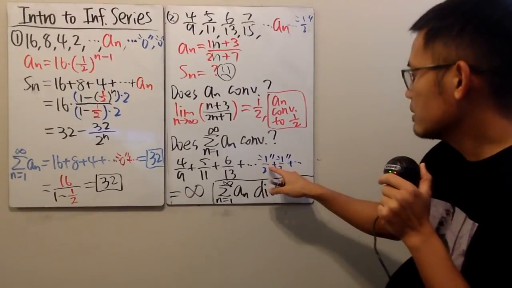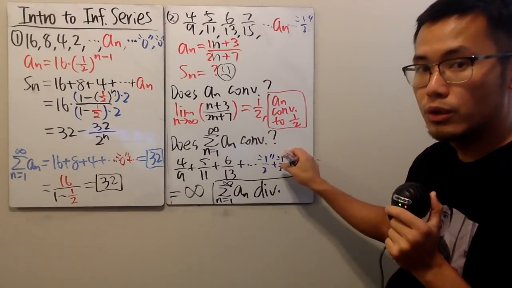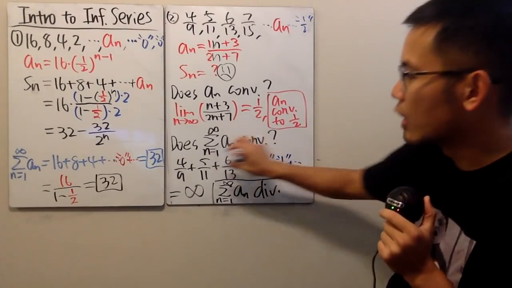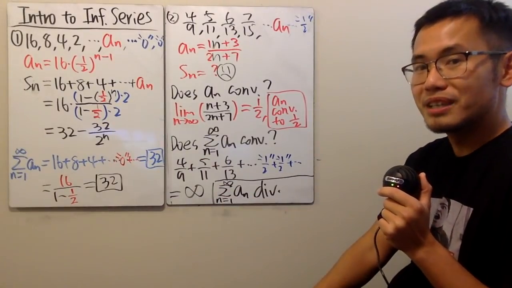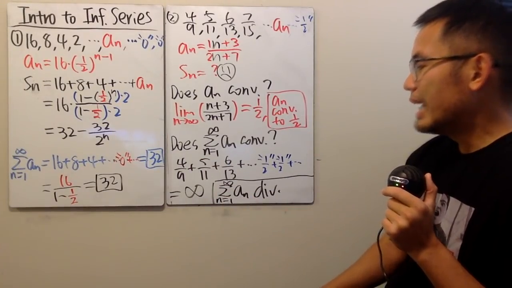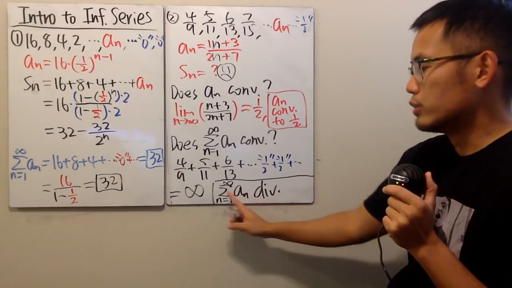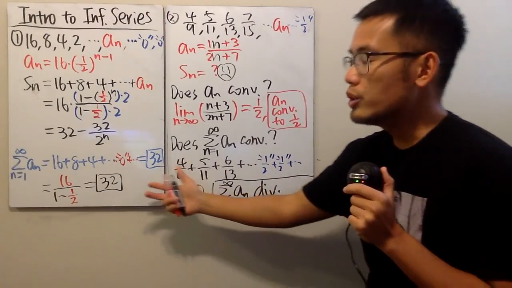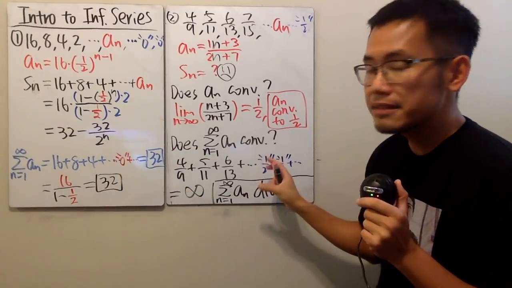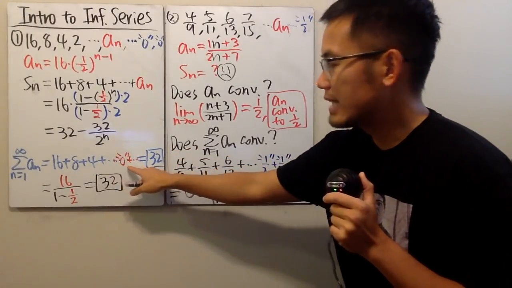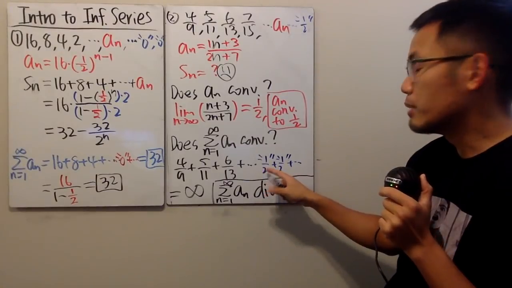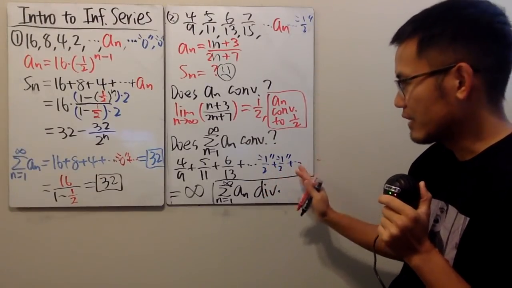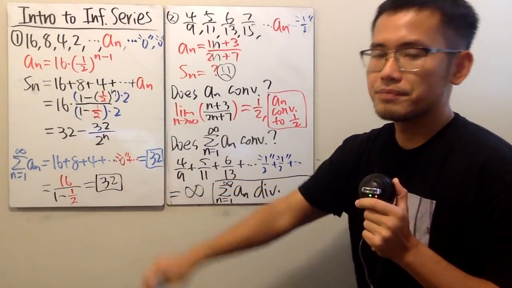However, if you're adding a bunch of things that are not 0, then this will make the whole thing infinity, like this, right? And in fact, we have a much easier way to reason this out. Let me write that down here for you guys. But be sure you know the difference between this and that. Here we're just adding a bunch of zeros. Here we're adding a bunch of 1/2. This diverges. This converges.